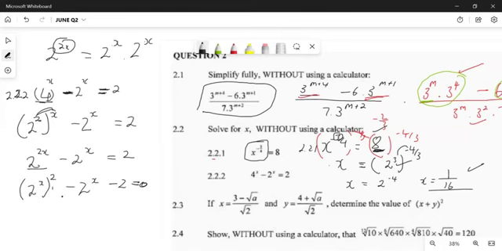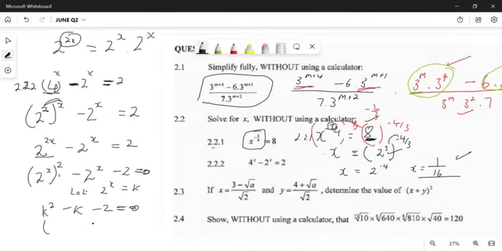Okay, let 2 to the power of x be k. If we let 2 to the power of x be k, what are we going to have then? k squared minus k minus 2, which is going to be 0. We can factorize.